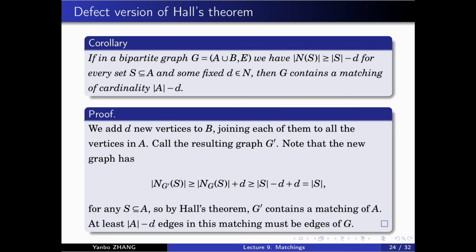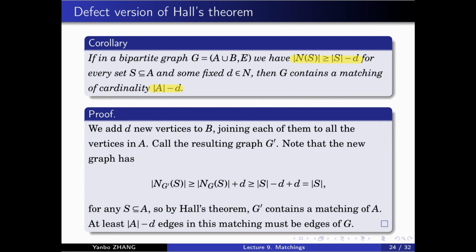If in a bipartite graph G equals (A union B, E), we have the size of N(S) greater than or equal to the size of S minus D for every set S of A and some fixed D belonging to N, then G contains a matching of cardinality |A| minus D. The proof: we add D new vertices to B, joining each of them to all the vertices in A. Call this resulting graph G prime.